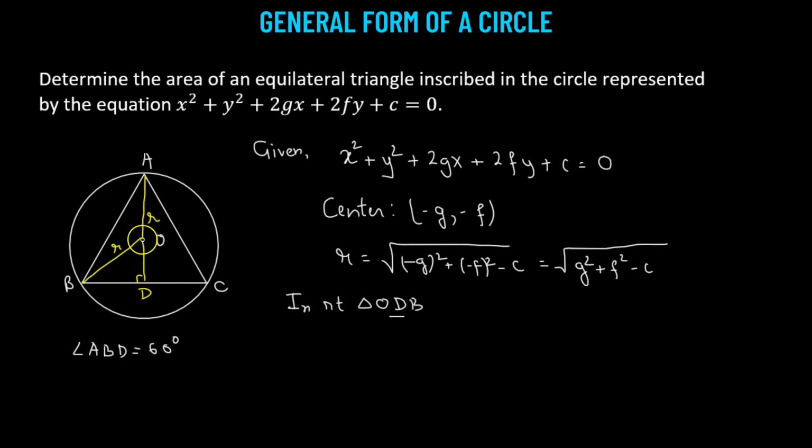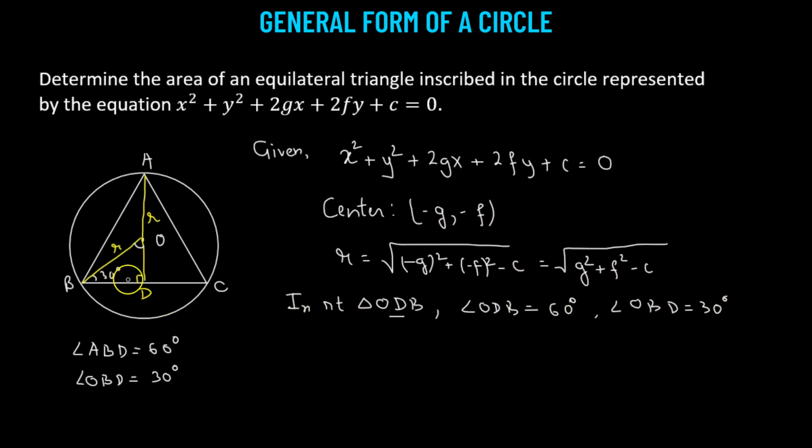Now we know that the radius OB bisects the angle. Since it's bisecting the angle, angle OBD must be equal to 30 degrees. So if this angle is 30 degrees, then what must be the measure of angle ODB? Angle ODB is going to be 60 degrees, and angle OBD is 30 degrees.